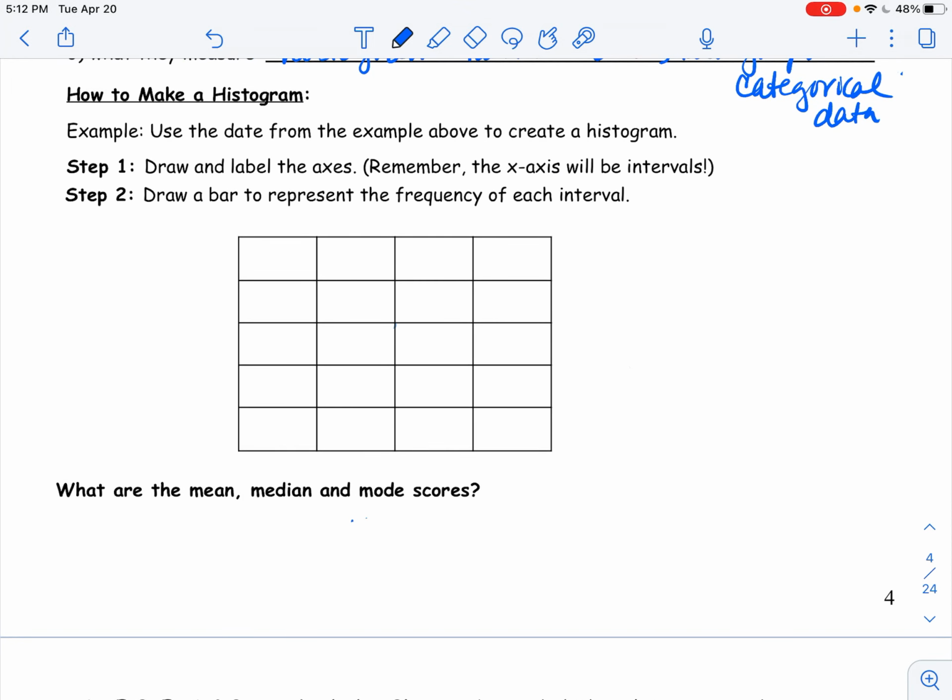So using the table, the data from the example above, which is the football scores, on the y-axis we'll put the frequency, and on the x-axis we'll have the scores, and each of these columns will represent an interval. So the first one is 20 to 28, 29 to 37, 38 to 46, and 47 to 55.